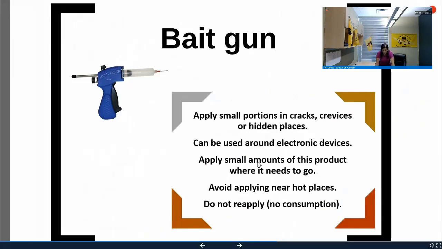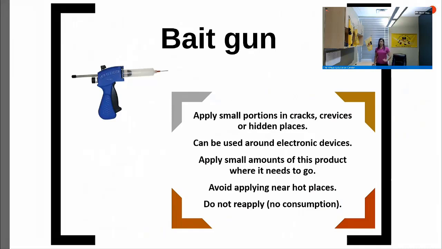Apply a small amount of bait where it needs to go, and avoid applying it near hot places. Why? Here's a conceptual mistake that sometimes could happen. We don't use the gel bait as a preventative measure of control.